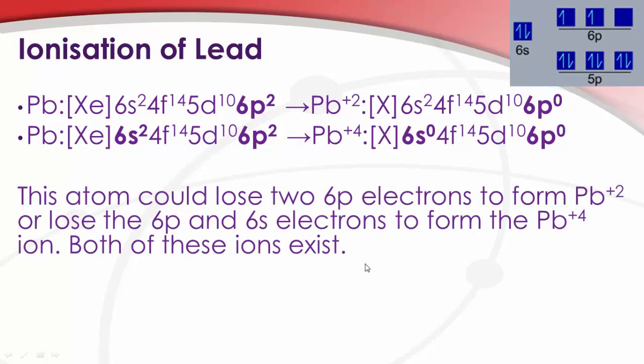And sure enough, we can observe those 2 ionization states, those 2 ions in nature, lead 2 plus and lead 4 plus. You can do a similar exercise with most of the metals in that D block, where you can predict the ionization states without having to look them up.